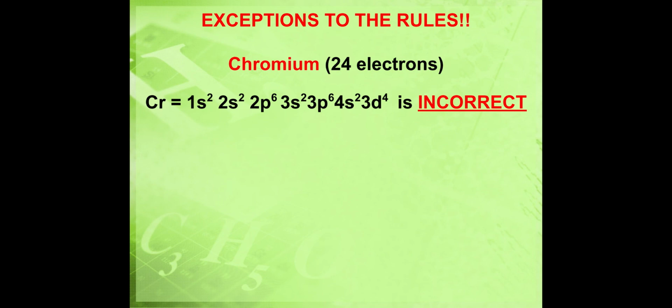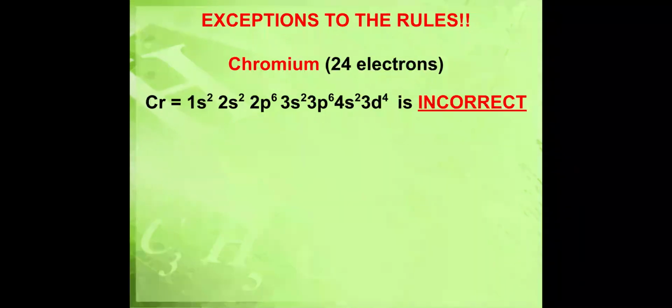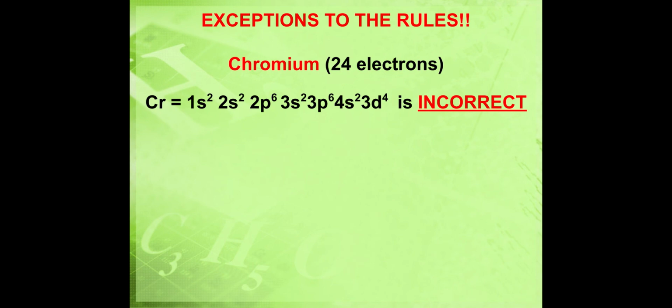Now, if it cannot be full, the next thing that it wants to be is half full. So an orbital will prefer to be half full than incompletely full. Incompletely full here will mean that it is not full, neither is it half full.